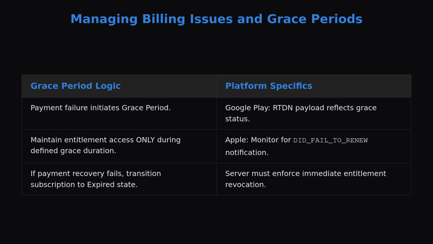Apple's system handles billing retry internally, but the server must actively monitor for the DID_FAIL_TO_RENEW notification type. Implement specific logic to maintain entitlement access only during the defined grace period duration. If the payment recovery ultimately fails, the subscription transitions definitively to the expired state, and the server must strictly enforce the immediate entitlement revocation.